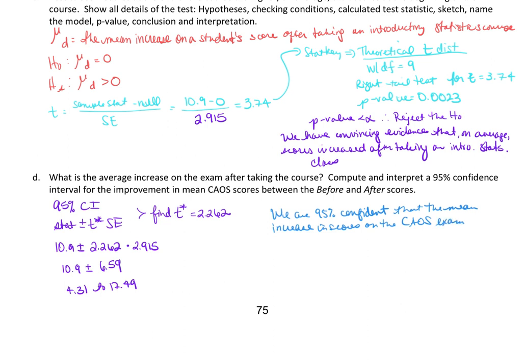So the CAOS exam, after taking an intro stats class, is between the two numbers we got, 4.31 points and 17.49 points.